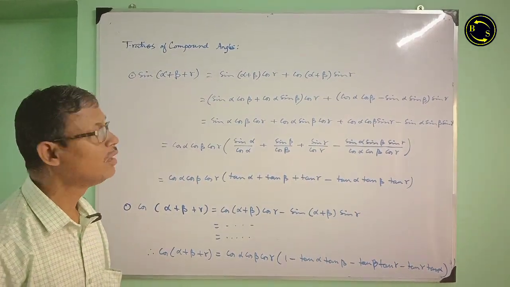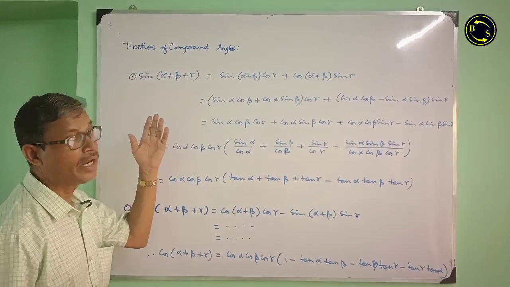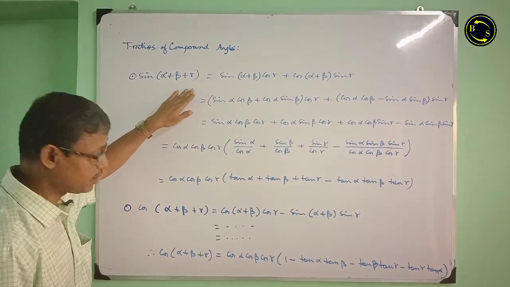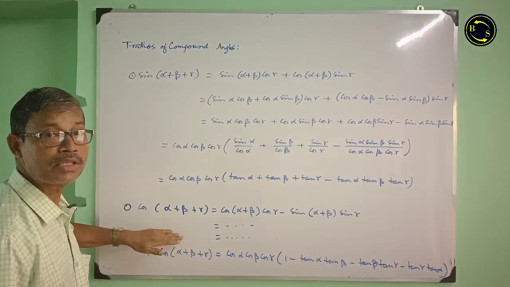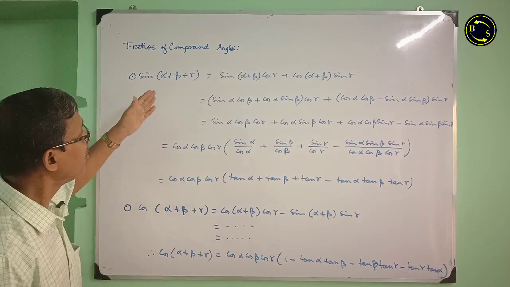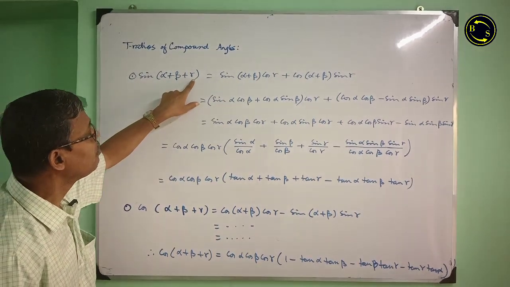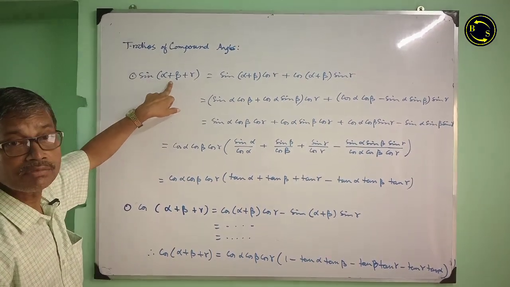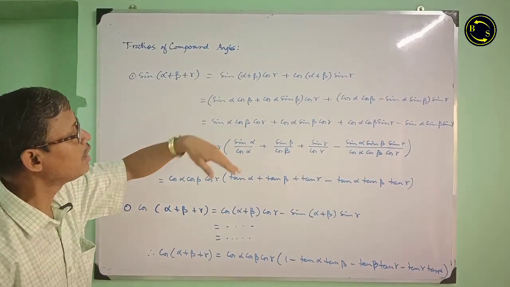Now we are going to deduce the identity for sine of alpha plus beta plus gamma and cos of alpha plus beta plus gamma. Now alpha plus beta plus gamma, we can take alpha plus beta as one angle and gamma the other angle.